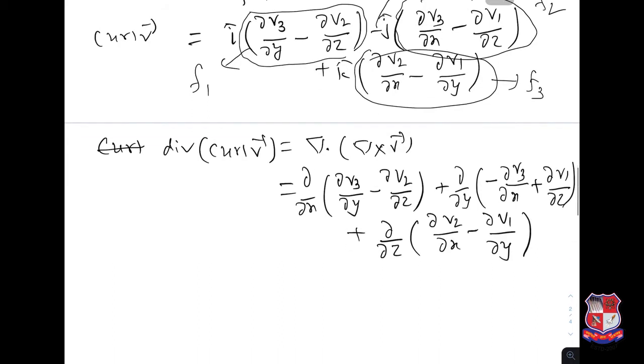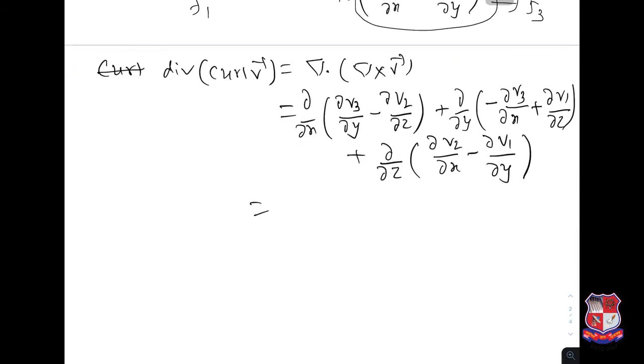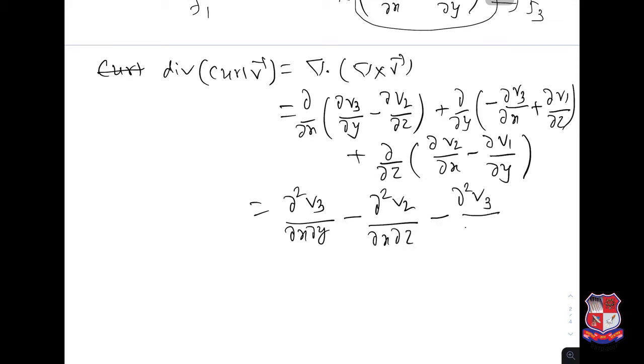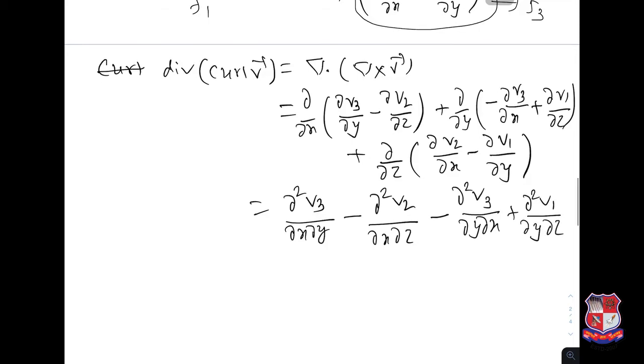so del by del z of (del v2 by del x minus del v1 by del y). Now take the derivative, so it's a second derivative now: del square v3 by del x del y minus del square v2 by del x del z, then minus del square v3 by del y del x, and plus del square v1 by del y del z, then plus del square v2 by del z del x minus del square v1 by del z del y.